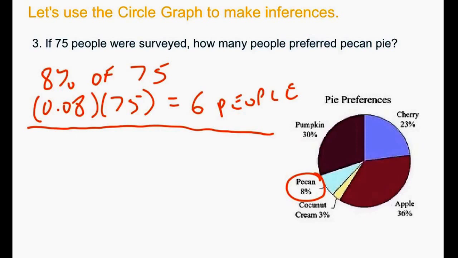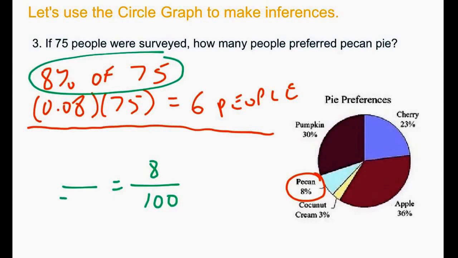Another way we've done problems like this is we've made proportions. We've taken this 8% and we've written it as 8 over 100, because that's what percent means, out of 100. We're taking 8% of 75, and we've learned that of means the denominator, so 75 goes in the denominator, and then we could put x here, and that's what we're solving for.